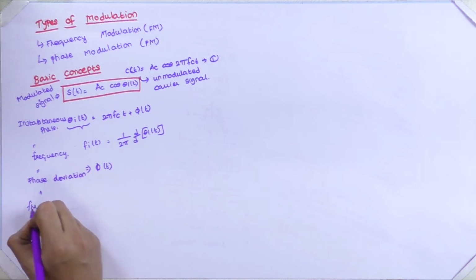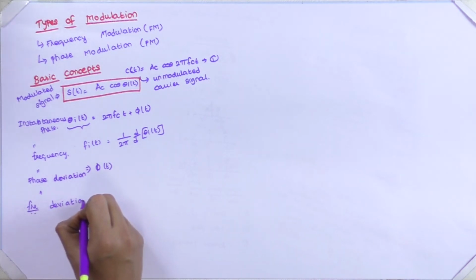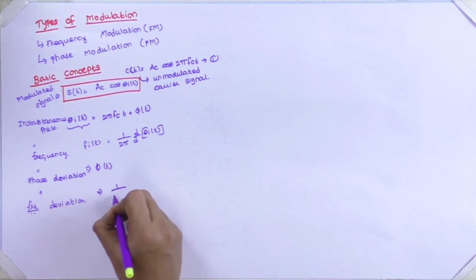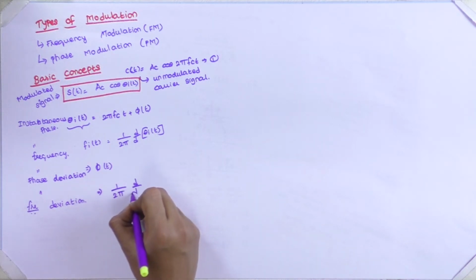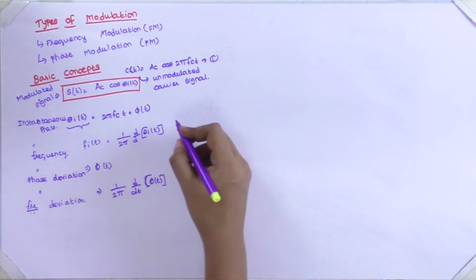Instantaneous frequency deviation is given by 1 by 2 pi d by dt of phi of t. So these are all the basic concepts.